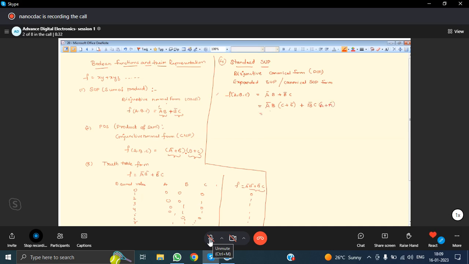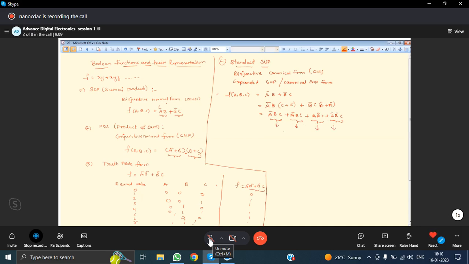Your intention is to expand. So you will get a bar bc plus a bar b c bar plus a b bar c plus a bar b bar c. Here the function is a sum of a number of product terms, and each product term should contain all the variables.